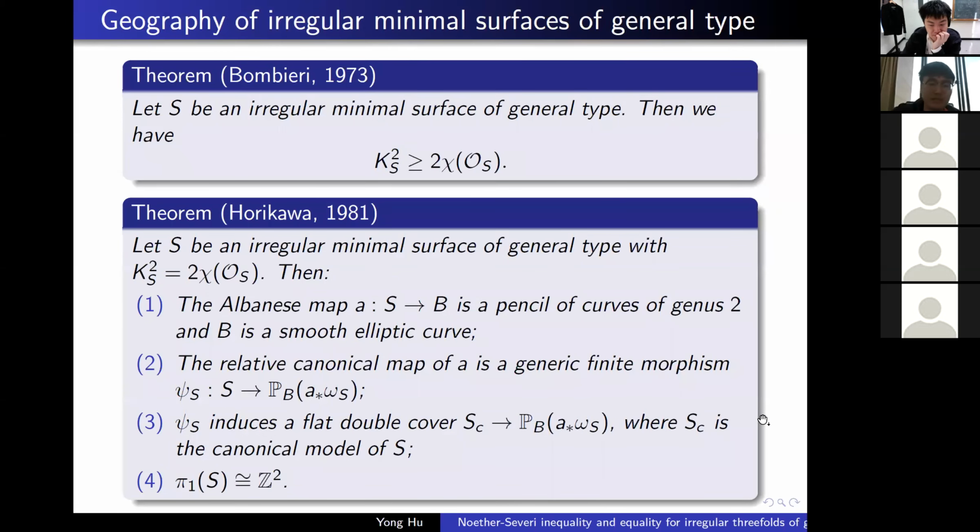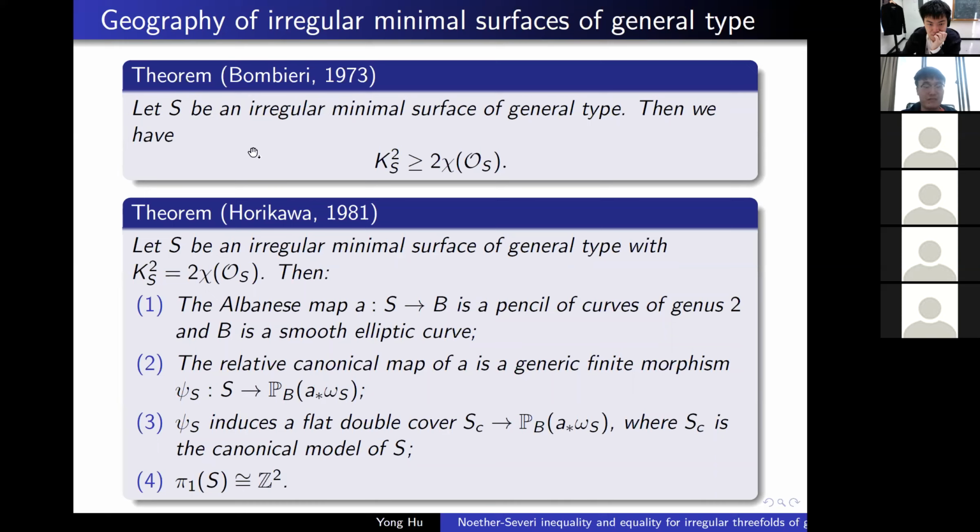Here is the geography of irregular minimal surfaces of general type. This is a theorem, maybe much earlier than Bombieri's paper. This may be known before, but you can find it in Bombieri's paper in 1973. It says that let S be an irregular minimal surface of general type.